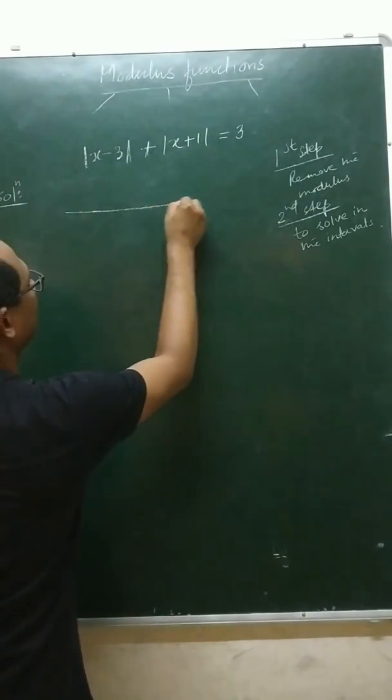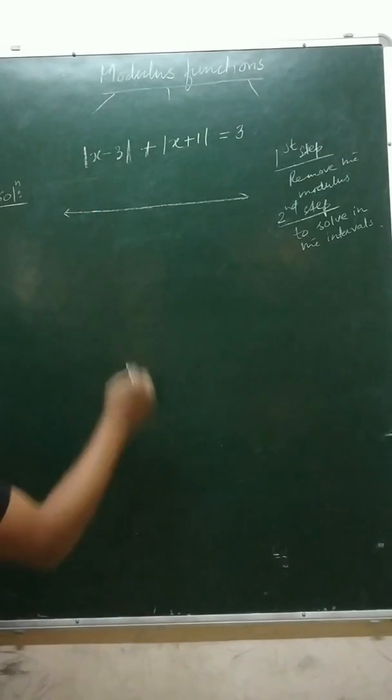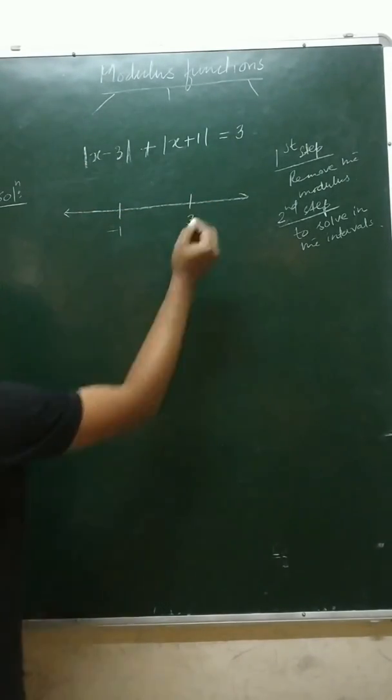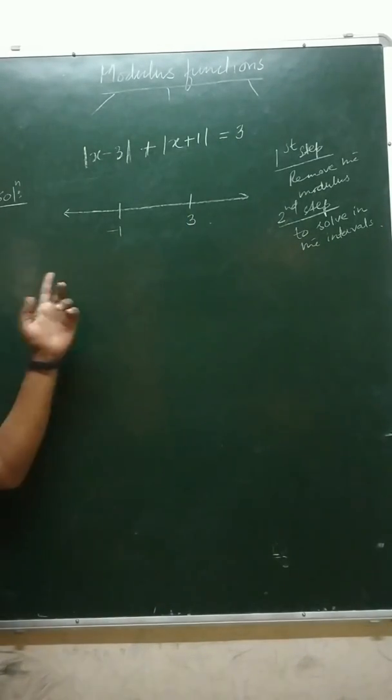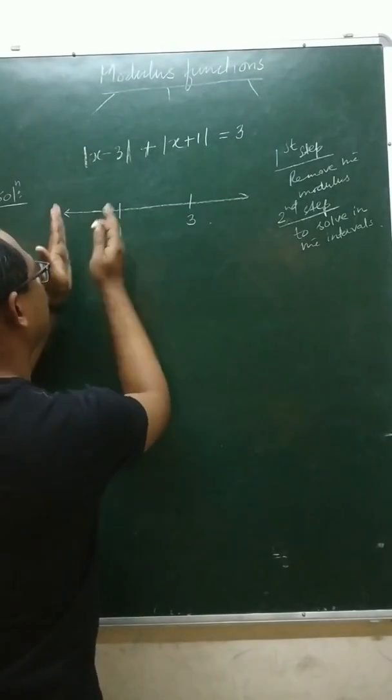All I need to know is the critical points. Clearly here critical points are -1 and 3. So -1 and 3 divide the entire number line into 3 intervals now.